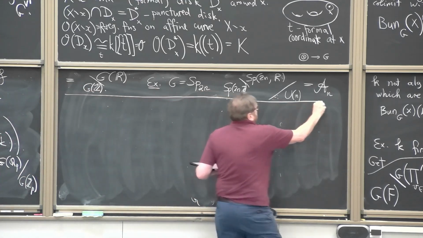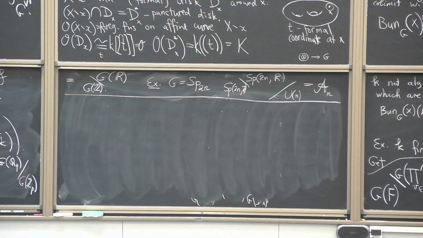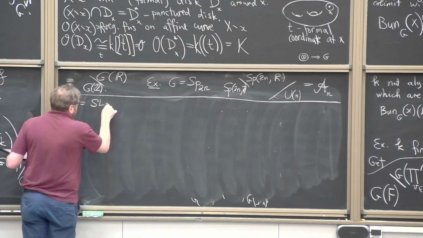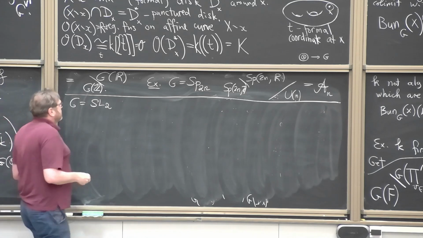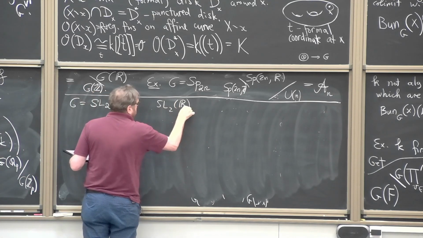And basically, well, Langlands program arose as an attempt to prove some results in number theory. So another example, of course, the classical example, is G equals SL_2. And in this case, you get SL_2(Z). So this is a special case of genus 1.